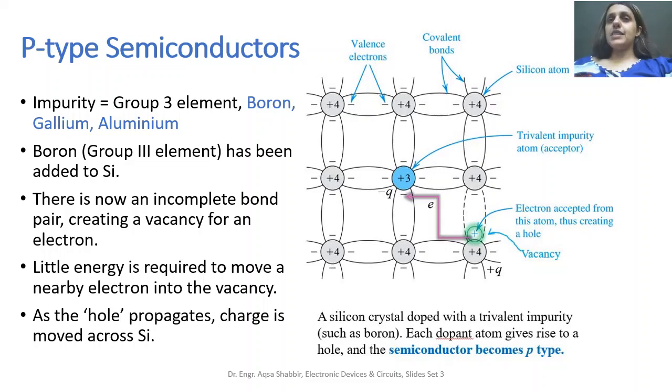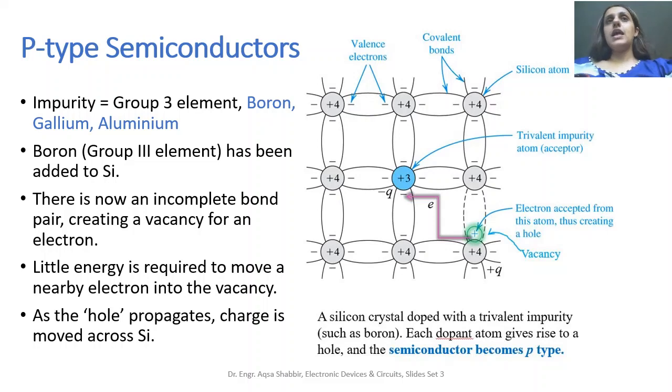However, the 4th covalent bond is incomplete because boron does not have a 4th valence electron which it can contribute to that bond. Therefore, because boron doesn't have the 4th valence electron, it in effect creates a hole, or a vacancy for an electron.